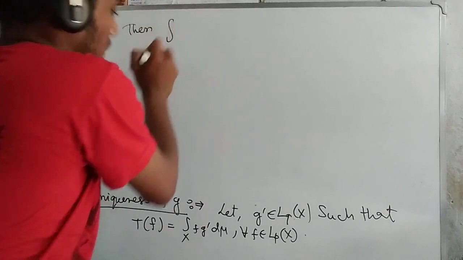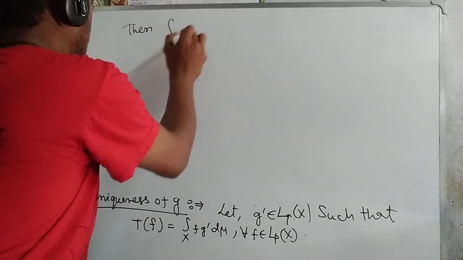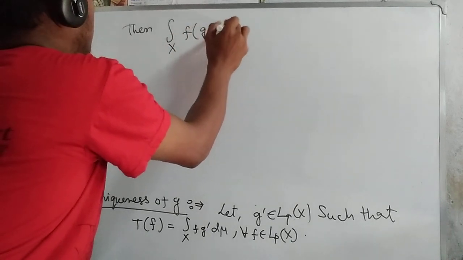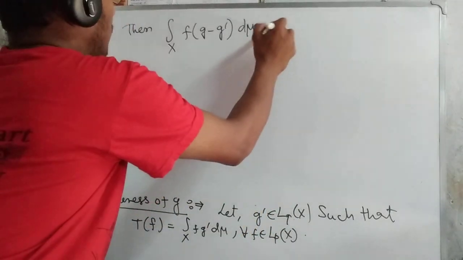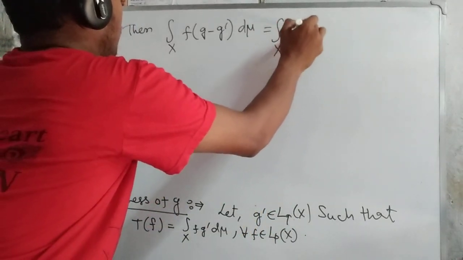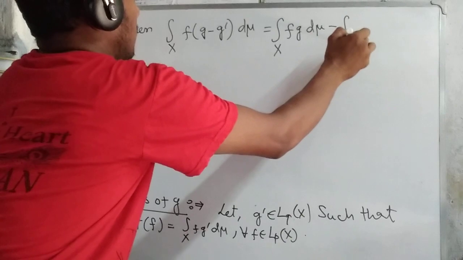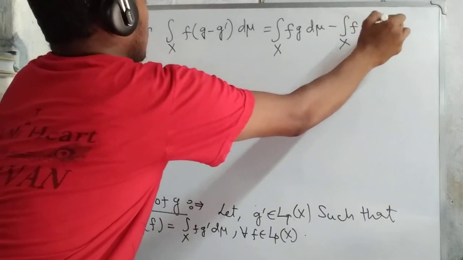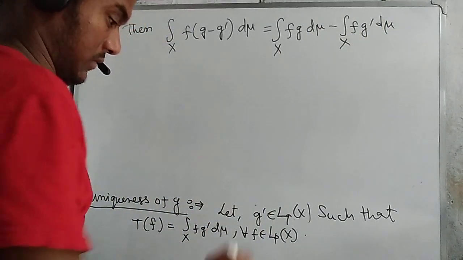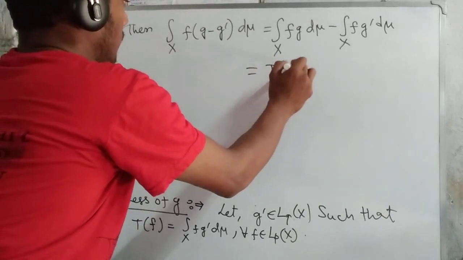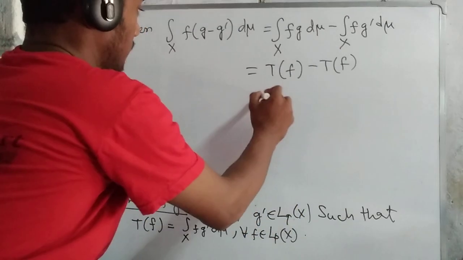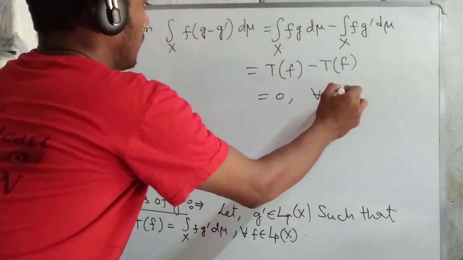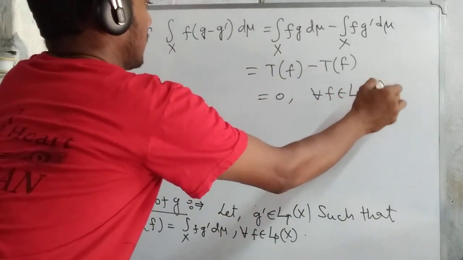Then the integration over X of f times (g minus g dash) d mu, equal to the integration of f g d mu minus the integration of f g dash d mu, equal to T(f) minus T(f) equal to 0 for all f belongs to L^p(X).